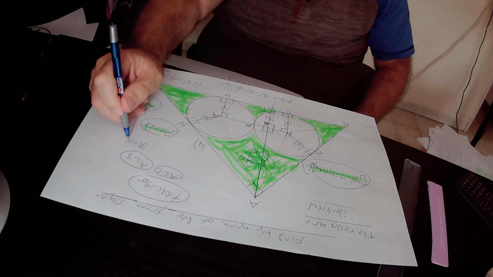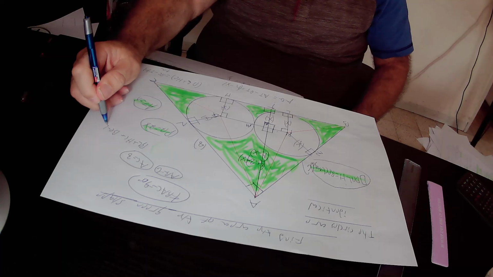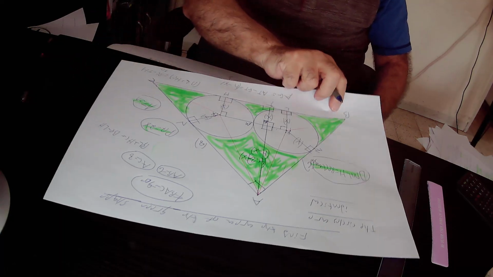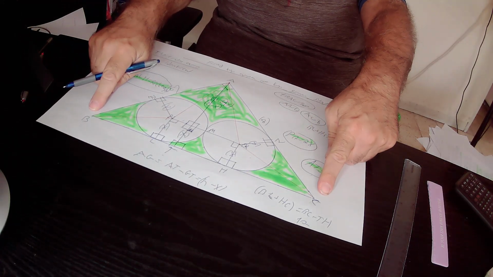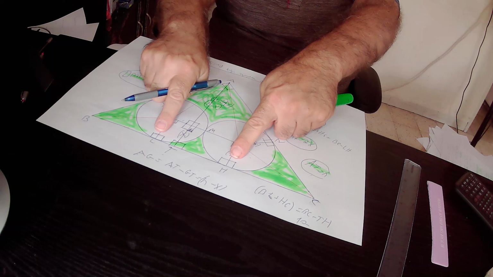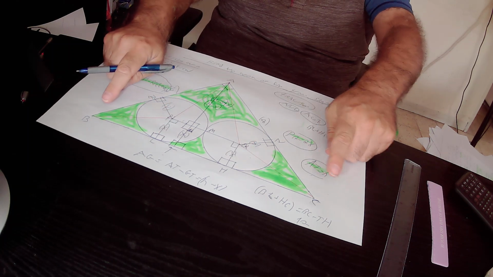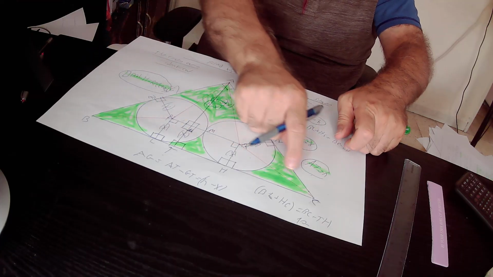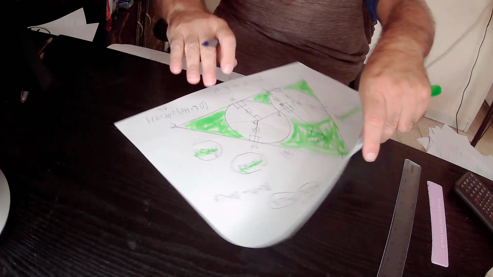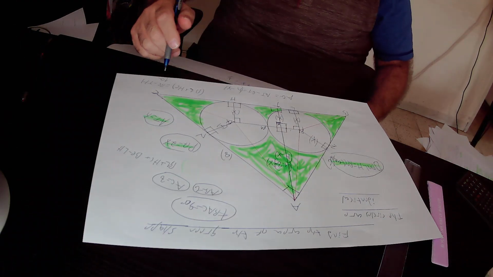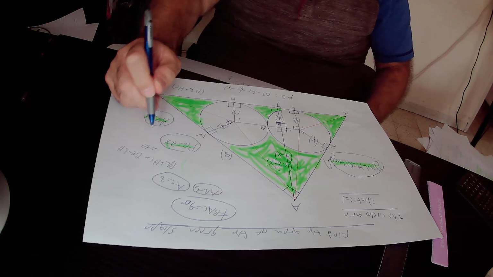Therefore BL plus HC equals BC minus LH, where BC is 10.